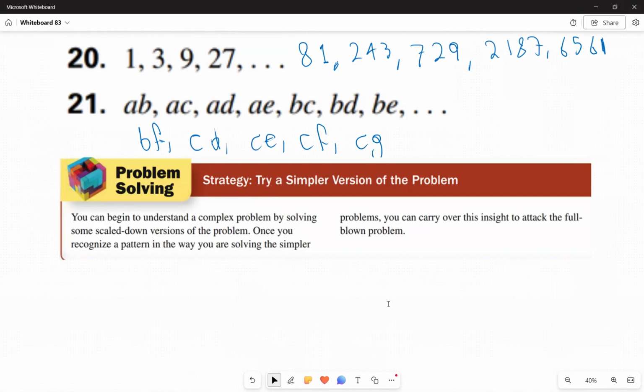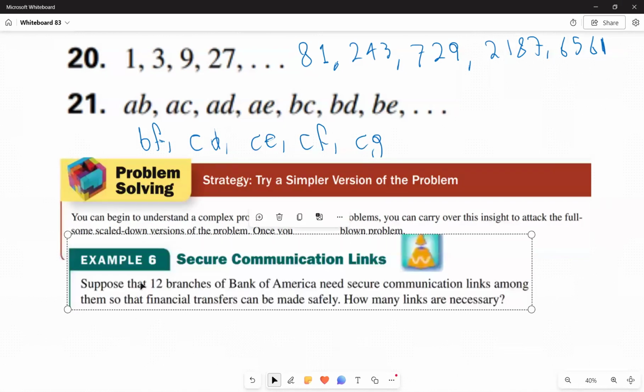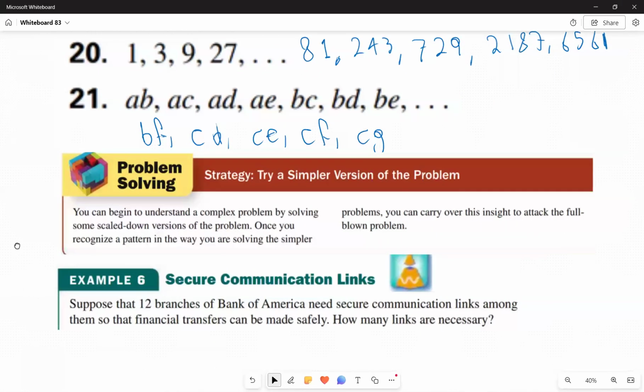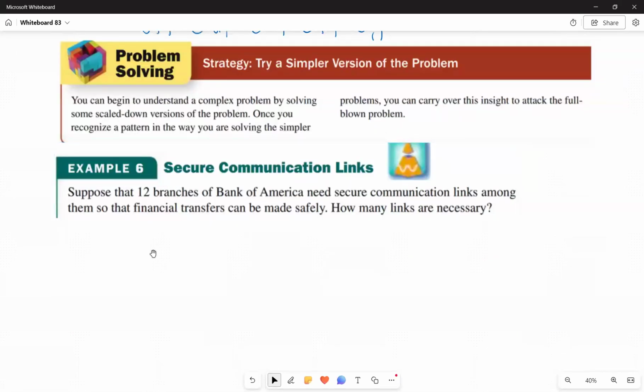So we are going to go over example 6. Let's suppose that 12 branches of Bank of America need secure communication links among them so that financial transfers can be made safely.